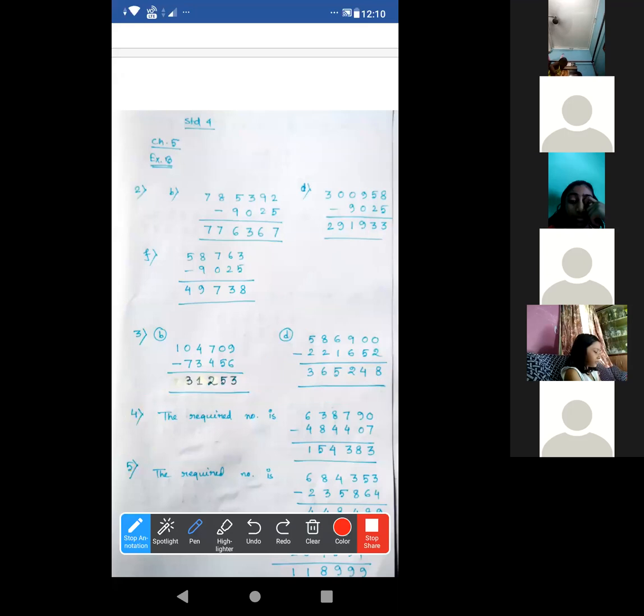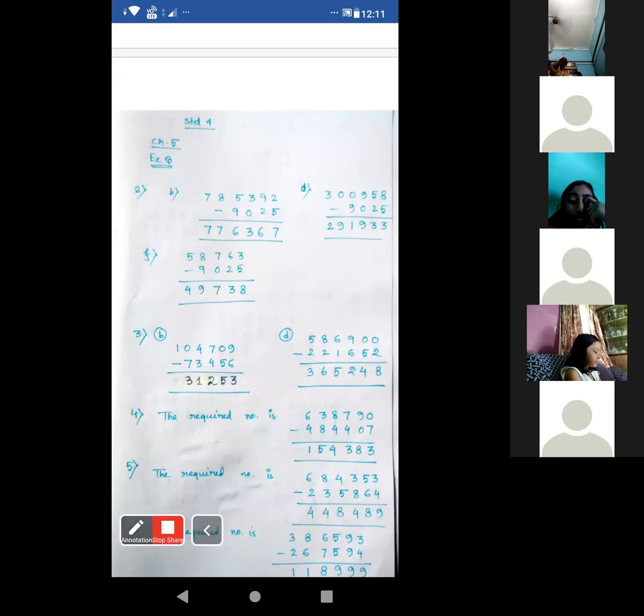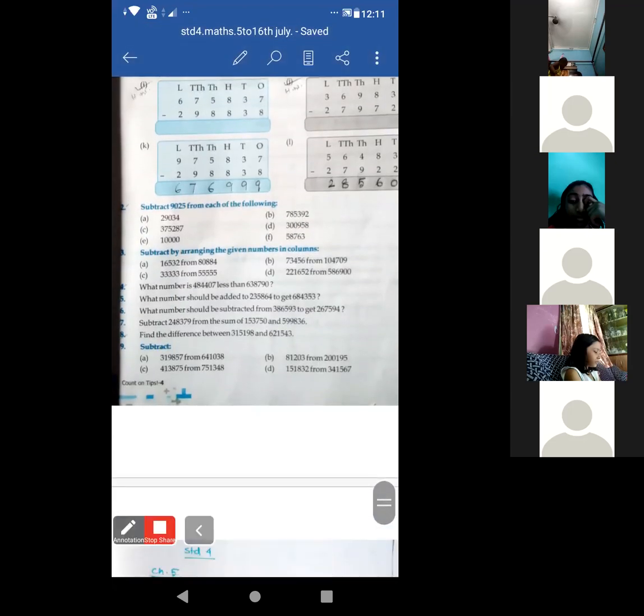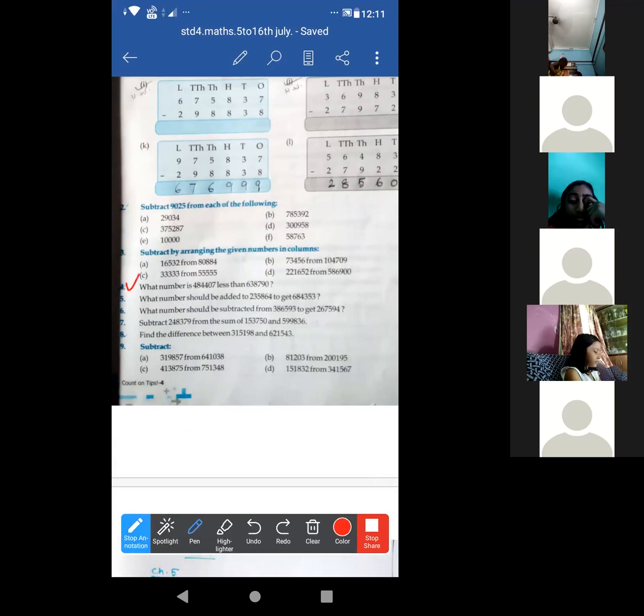Now let me explain number 4. Look, here is the question. Question number 4. What number is this one? This means, what number is less than a given number? Suppose I am asking you one question: what number is 7 less than 10?